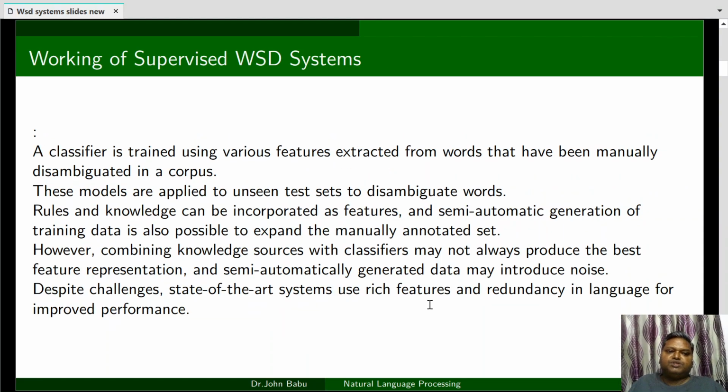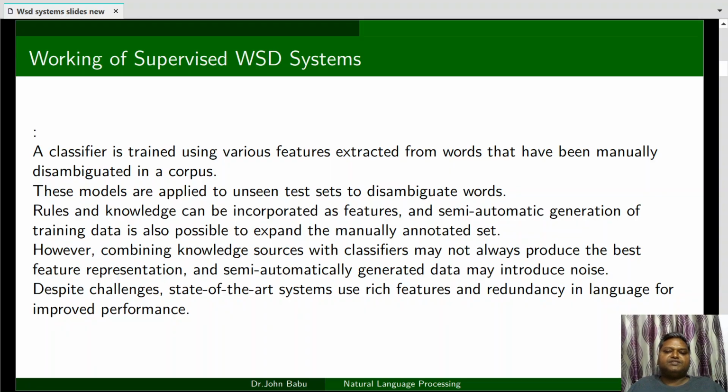So when we talk about the process of word sense disambiguation in supervised method, we use a classifier and we train that classifier using various features extracted from the words from a manually disambiguated corpus. We select features and those features are used for training, and this model will come up with a hypothesis, and the unseen test data is given to disambiguate the words.